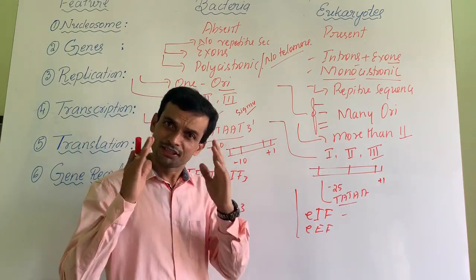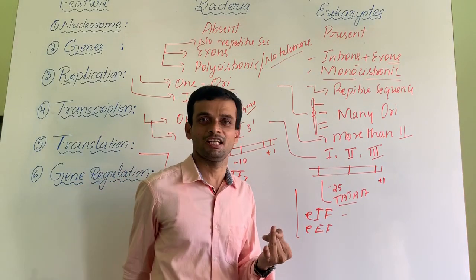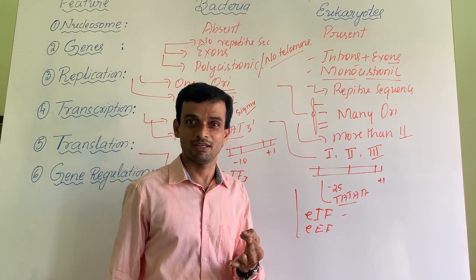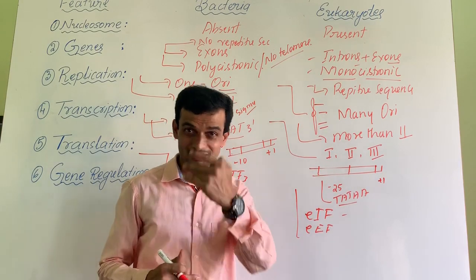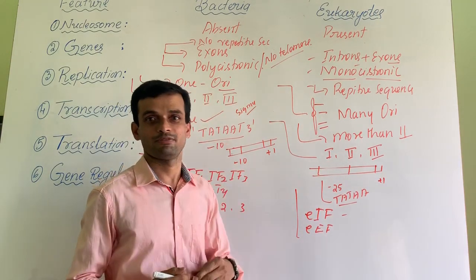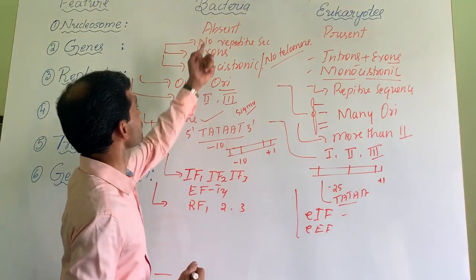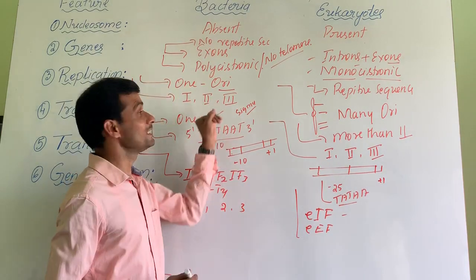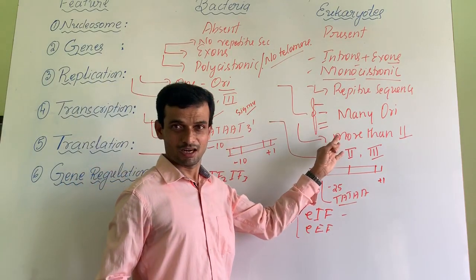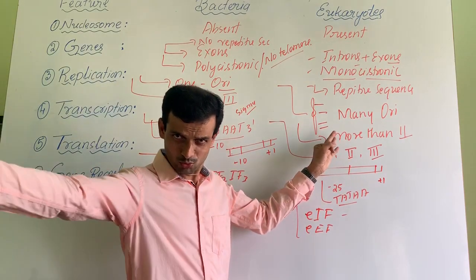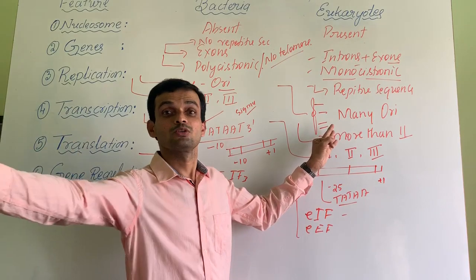In eukaryotes, gene regulation can be observed at the translational level, post-translational level, or processing level. See, that is given in your textbook. Processing of mRNA: we never find processing in bacteria. No tailing, no capping, no splicing. Whereas here, after transcription, mRNA doesn't go to the cytoplasm through the nuclear pore directly.